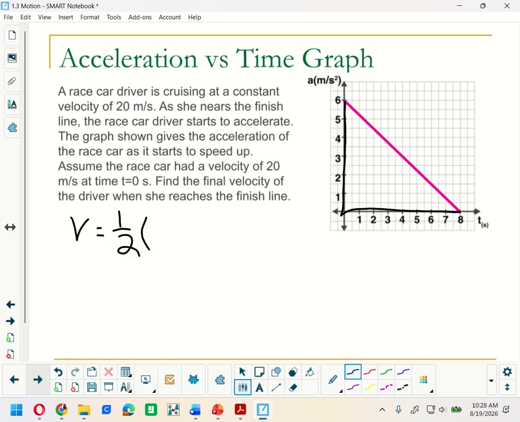What is my base? What's the base here? 8. What's my height? Do the math.